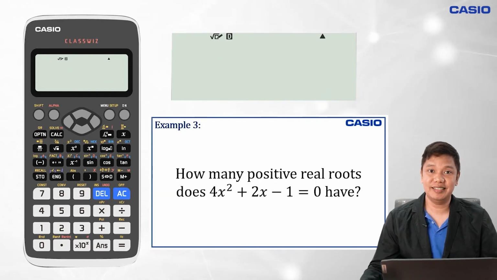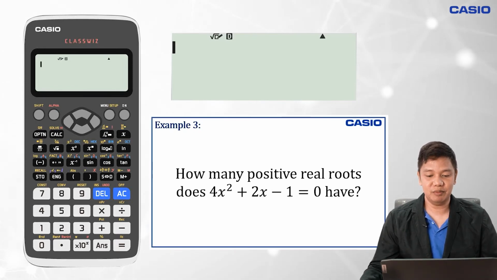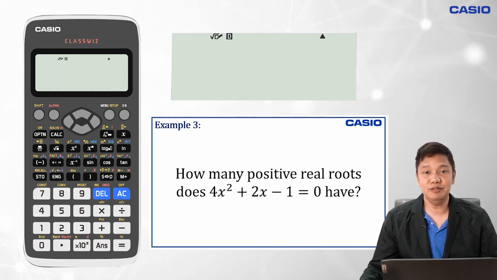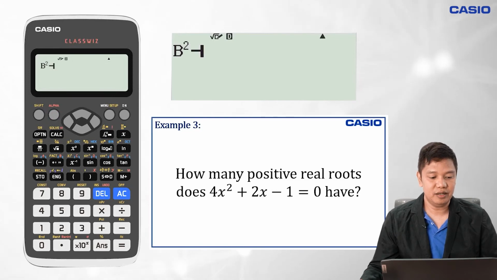Let us consider example number 3. In this example, we are asked to determine how many positive roots 4x squared plus 2x minus 1 equal to 0 has. Again, we need to determine the value of the discriminant so we can say the characteristics of the roots. So we need to press alpha and then the degree minute second and then squared, -4 times alpha and then the negative sign for a, alpha and then the inverse key for c.